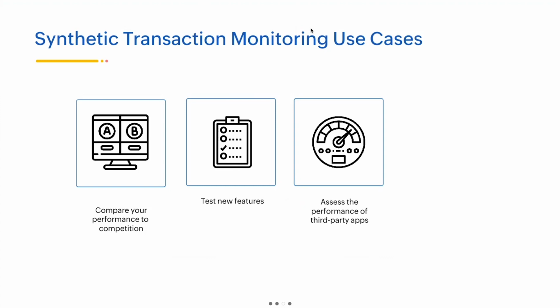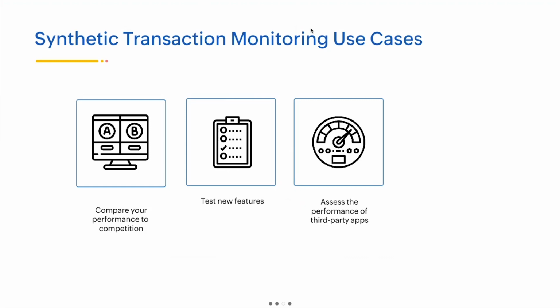Thirdly, you'll be able to assess the performance of third-party apps. Today's websites increasingly rely on third-party features, right? For carts, ads, customer reviews, web analytics, SEO add-ons, etc. Now, if there is a weak link in any of this chain, one or more of these elements, in case they are not working correctly, it can adversely impact your site.